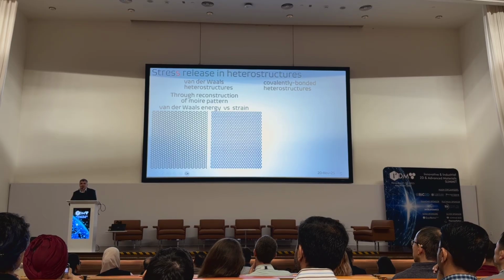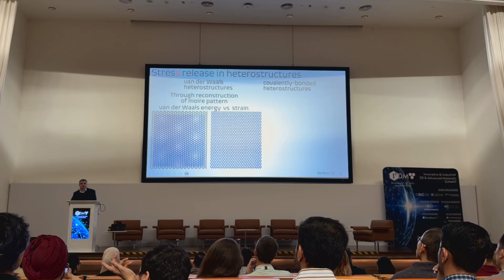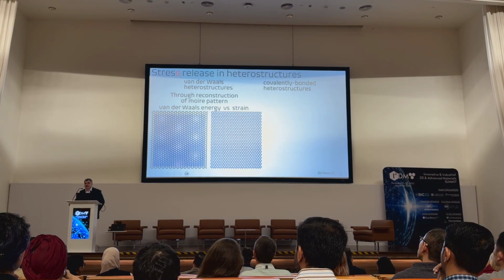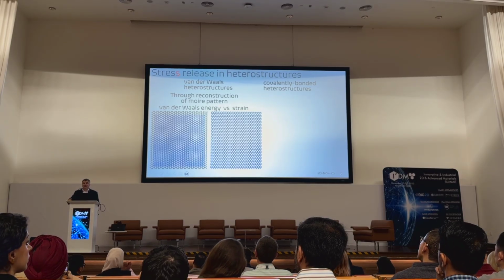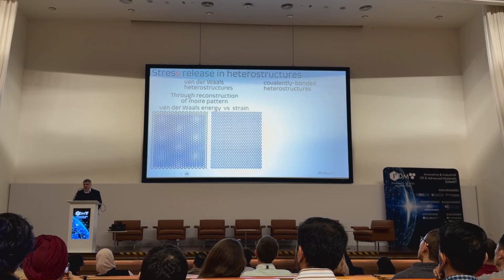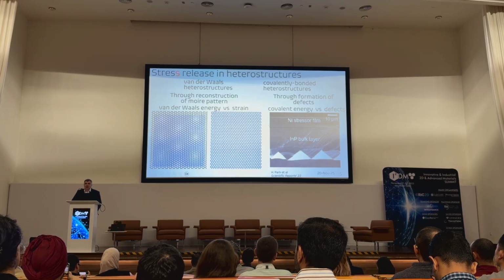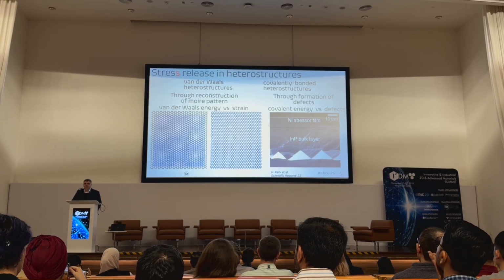So you always have some strain to be released, but the way to release strain in the two materials is slightly different. In the van der Waals heterostructures, what you usually see is some moiré pattern formation and then atomic reconstruction within this moiré. In the covalently bonded heterostructures, you don't have this freedom, this flexibility.